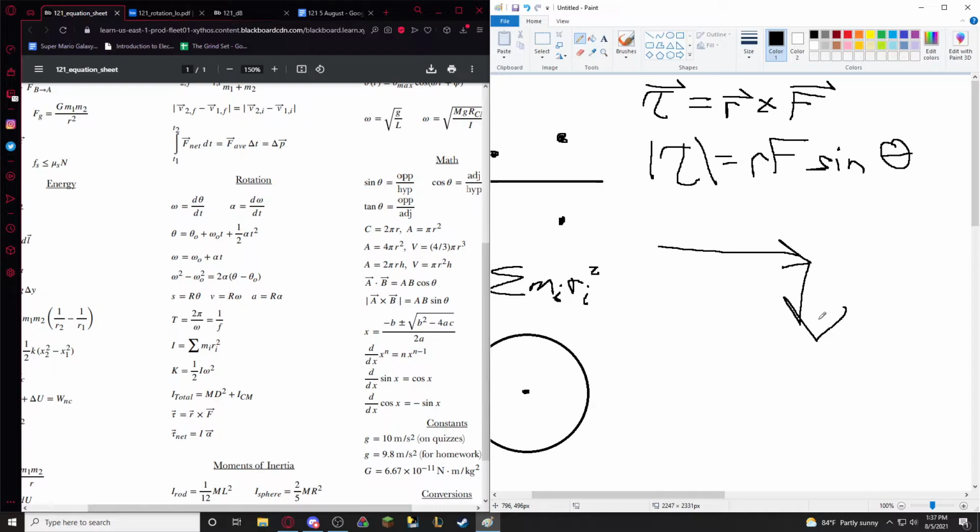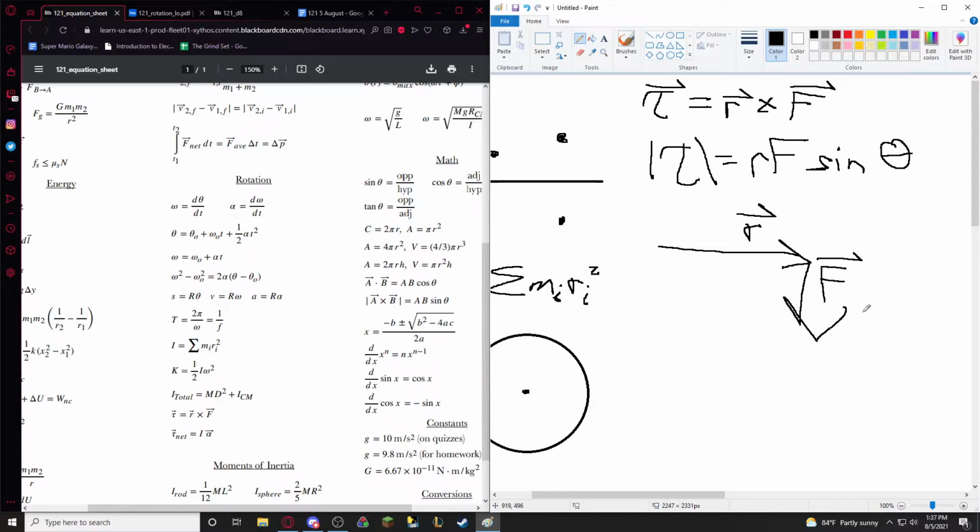I'm sorry, which one's which? R is to the right and our force is downward. So we would... What direction is the rotation going to be in? Clockwise or counterclockwise? Clockwise?